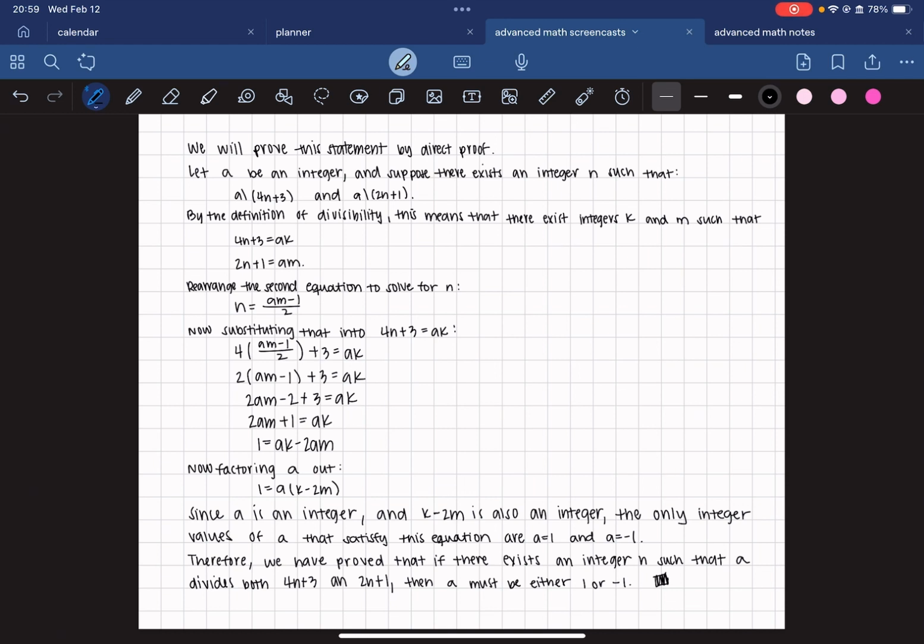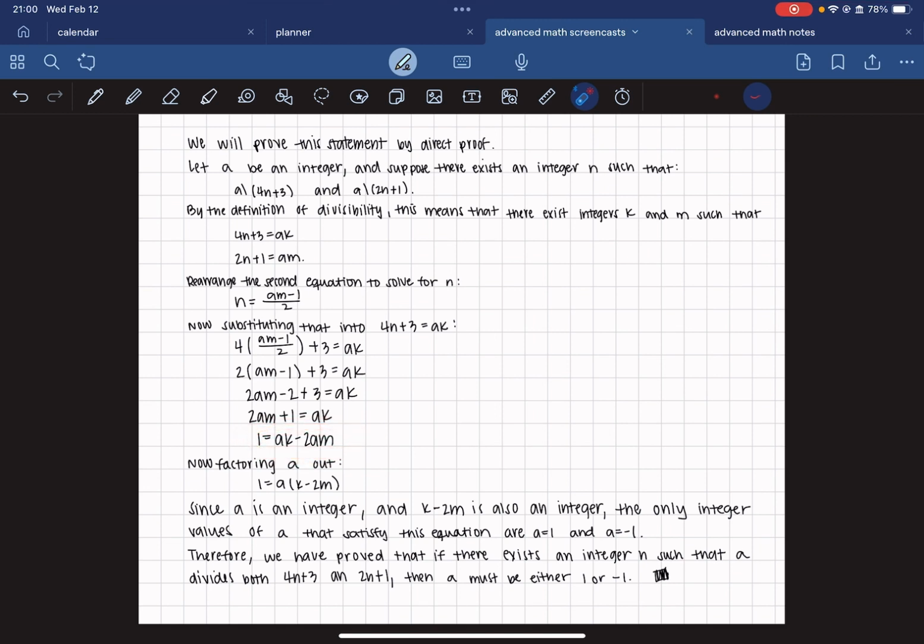Rearrange the second equation to solve for n equals (am minus 1) over 2. Now, substituting that into 4n plus 3 equals ak, we get 1 equals ak minus 2am, and then we factor the a out and we get 1 equals a times (k minus 2m).